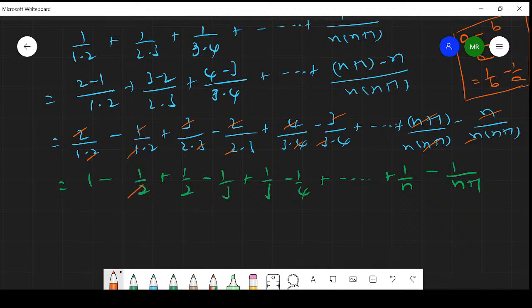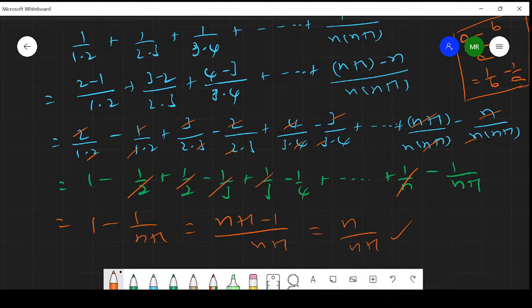The negative term with the positive will get cancelled: minus 1 by 2 with plus 1 by 2, minus 1 by 3 with plus 1 by 3. Everything will get cancelled. Correct, you understood this. The final 1 minus 1 by (n plus 1) remains. Take the LCM: (n plus 1 minus 1) by (n plus 1). The answer is n by (n plus 1).